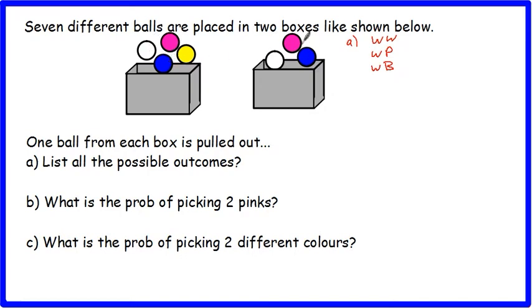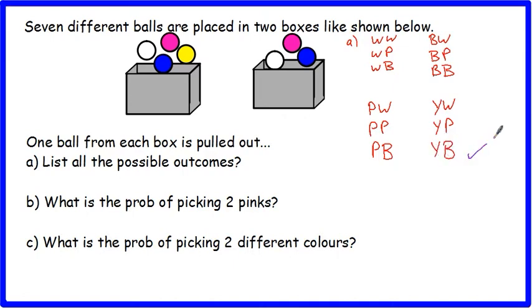So I could get a blue and a white, a blue and a pink, a blue and a blue. Do the pink, I could get a pink and a white, a pink and a pink, a pink and a blue. And finally, I do the yellow, a yellow and a white, a yellow and a pink, a yellow and a blue. So there is part A done.